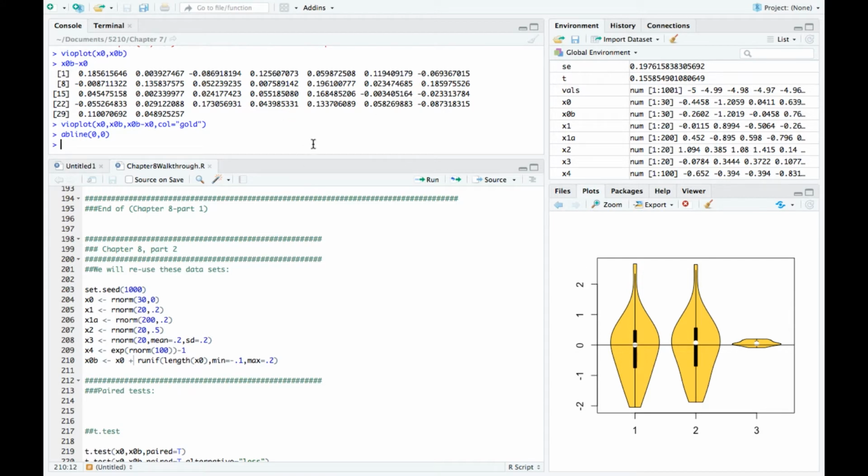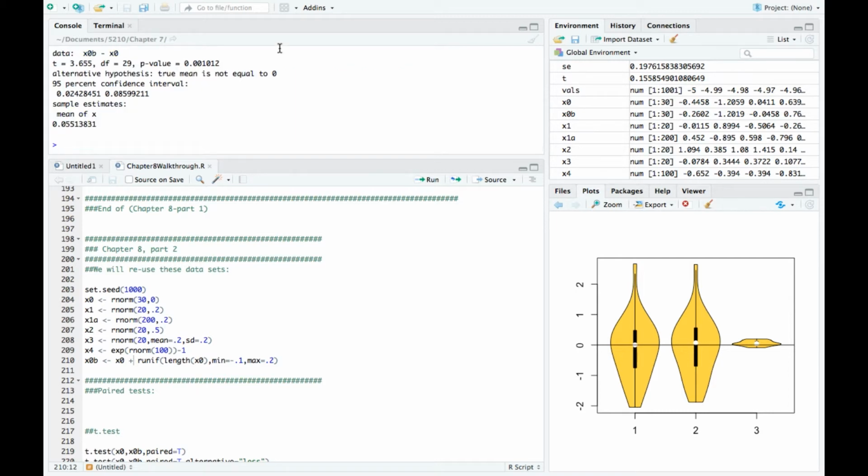So the easiest way to do a paired test is to do a one sample t-test on the difference. So we can do a t-test of this, and we can see that the t is very large, it's highly significant.